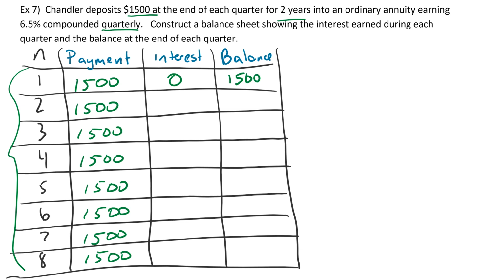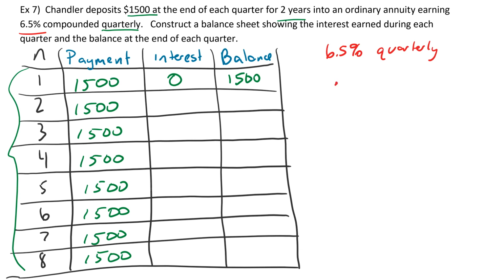From this point on, we need to start calculating interest. So let's go ahead and look at interest. We have 6.5%, and it's compounded quarterly. We need to turn that into something that we can actually work with. We can't work with percentages since this time we're not just putting it into the calculator. We're actually doing some numbers by hand.